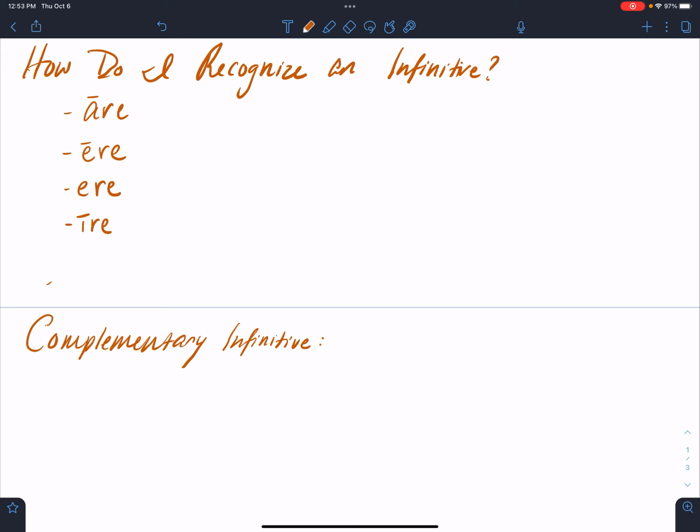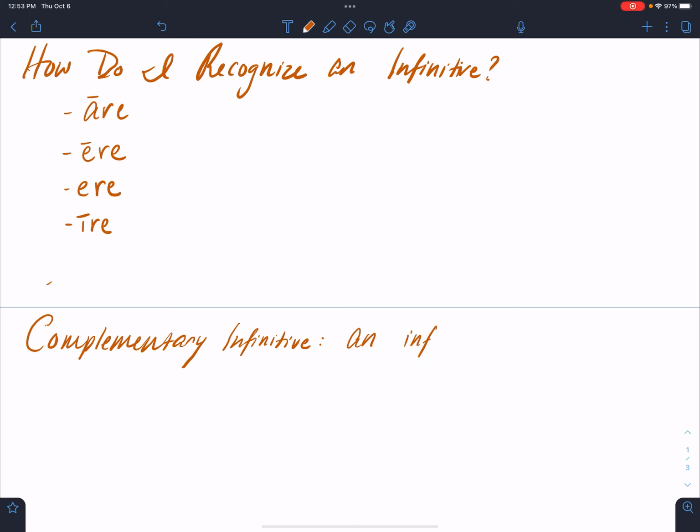Okay, so the complementary infinitive is, how do I word this? All right, we'll work it this way.